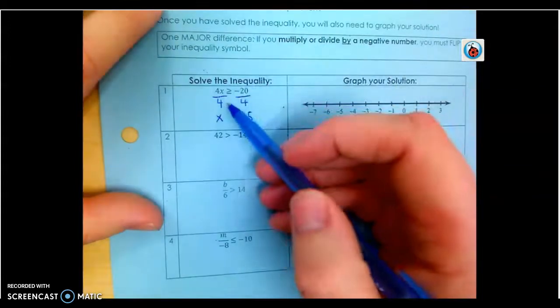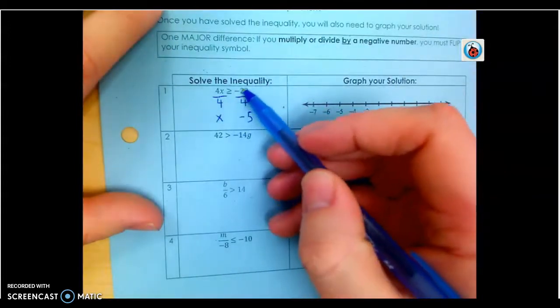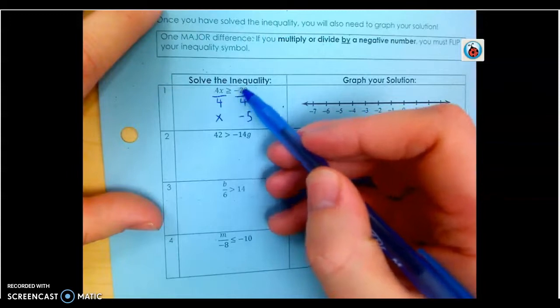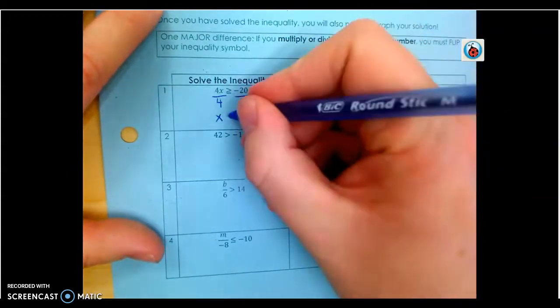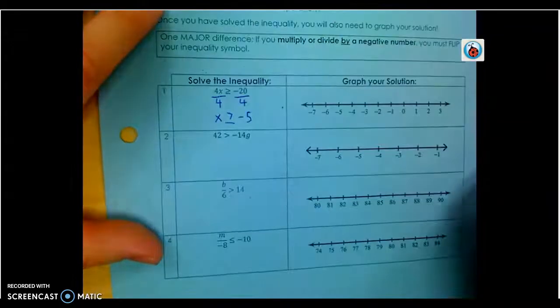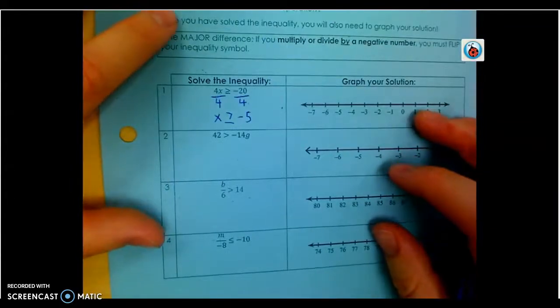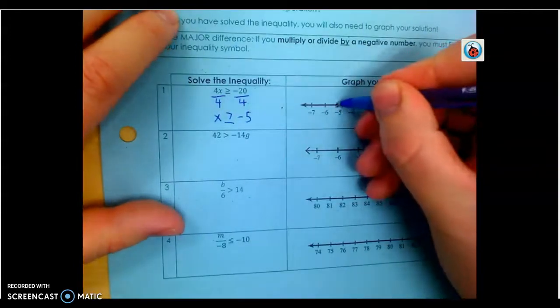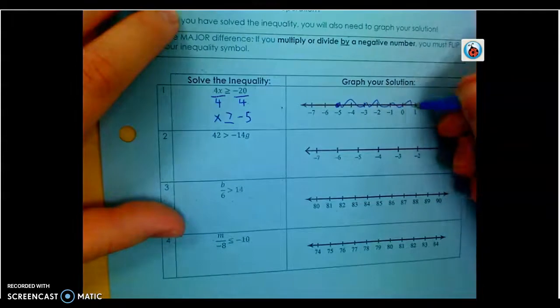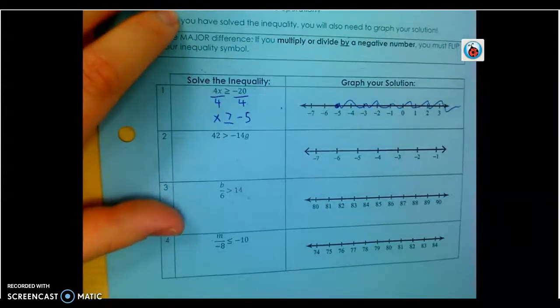No, we divided by a positive number. Yes, there's a negative number in the answer, but I'm not dividing by a negative. So the sign stays the same. X is greater than or equal to -5. So we have a closed circle at -5, and we shade to the right. Awesome.